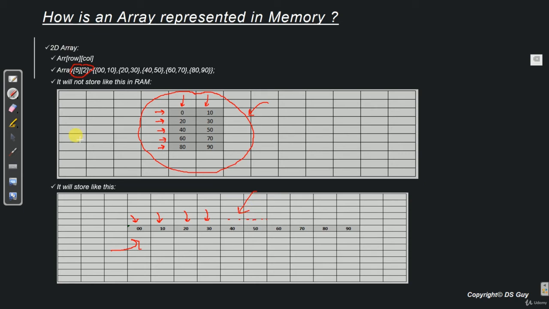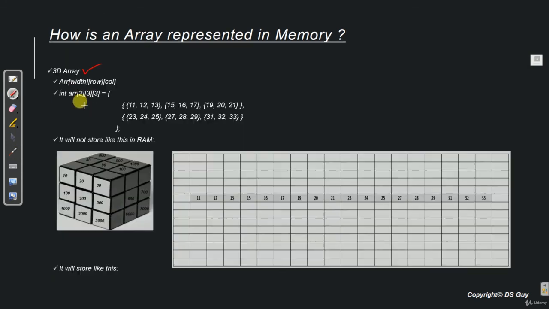Now as you would have guessed, even in the case of a three-dimensional array it will be stored as a one-dimensional array in a flattened manner. Let's see that. So we have an array here which has depth 2, rows 3 and columns 3. Now remember from the previous video we said that a 3D array is nothing but multiple 2D arrays combined into one.